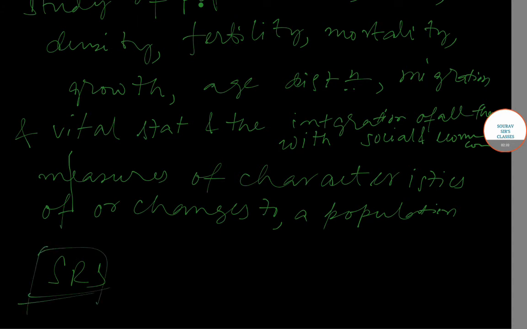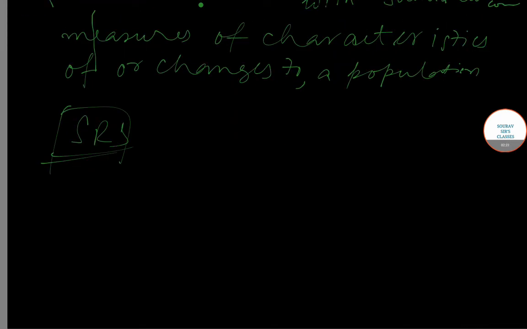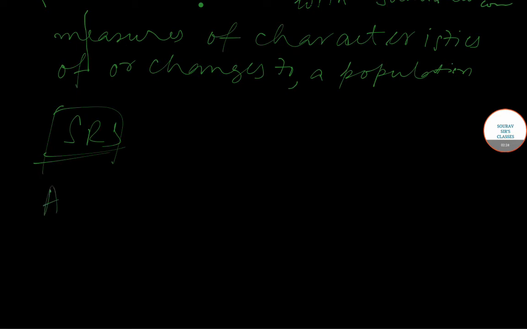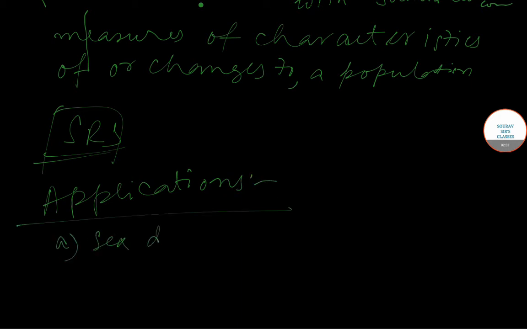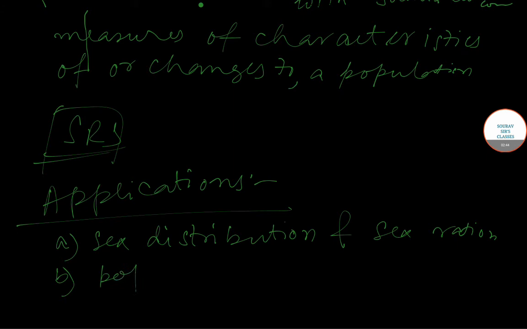Now, we are going to talk about the applications of demography. What are some applications of demography? First is sex distribution and sex ratio. Then there is population by main age group and mean age.